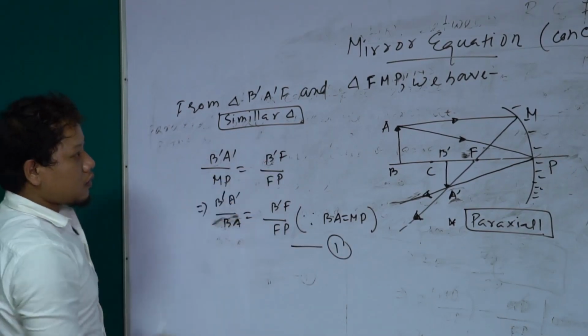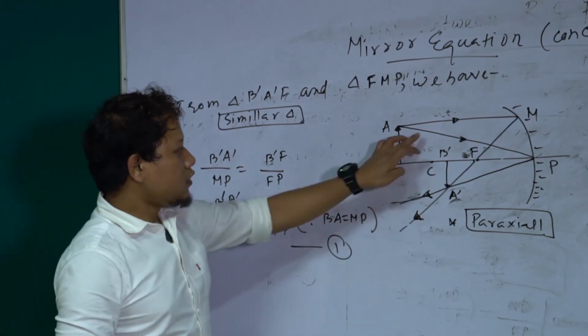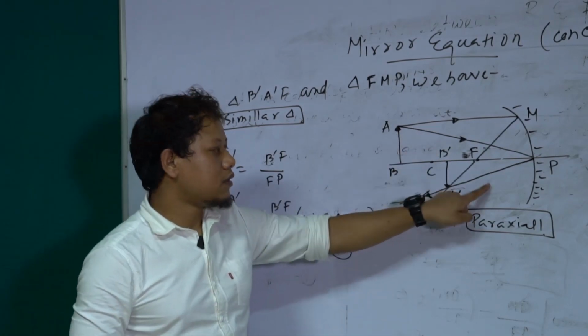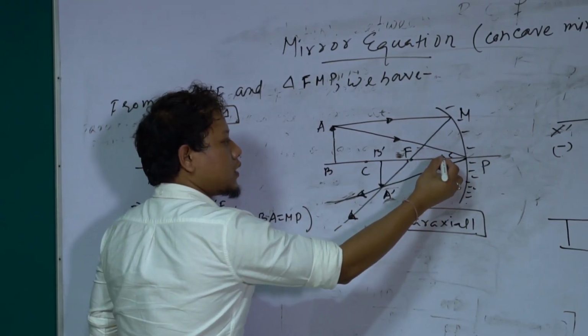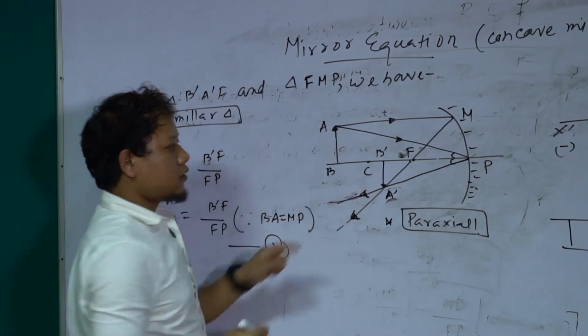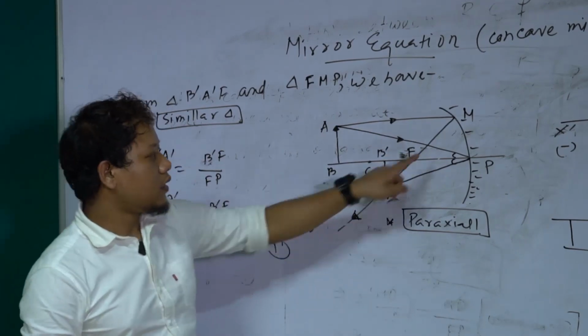Next, here this is the incident ray, and for this incident ray this is the reflected ray. According to the law, angle of incidence must be equal to angle of reflection, so these two angles are equal.